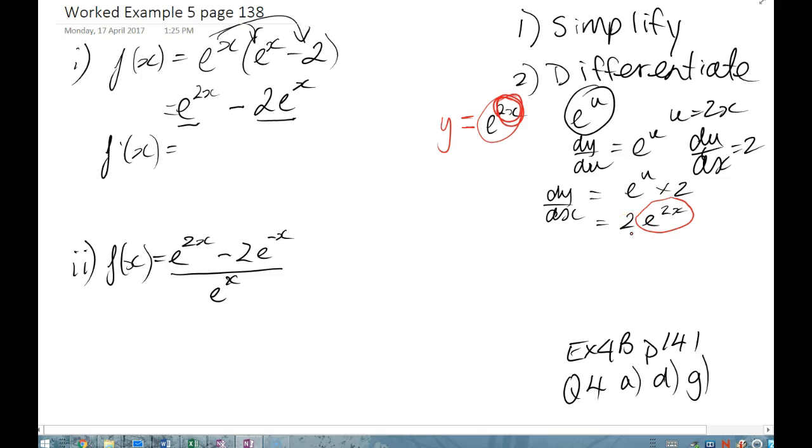So actually you can just look at this expression and go, okay, well what's the derivative of that? 2, that's going to come down the front, and then it's just e to the 2x. So I can just use that same thinking here. Differentiate the power, that's 2, that goes out the front, and then it's going to be times the exponent with the original power, e to the 2x.